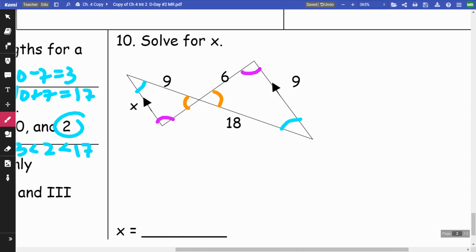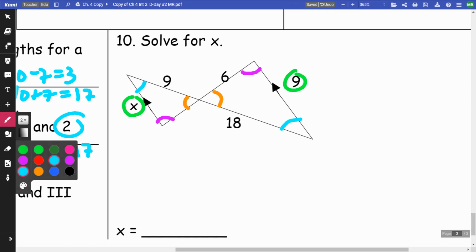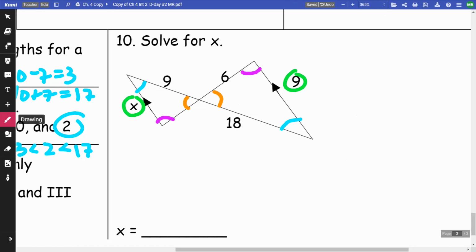So I'm just going to color code so you can see what goes with what. Basically, this X and this 9 are going to be matching in terms of corresponding to each other. And then the 9, which is in between my blue and orange, is going to match with this.